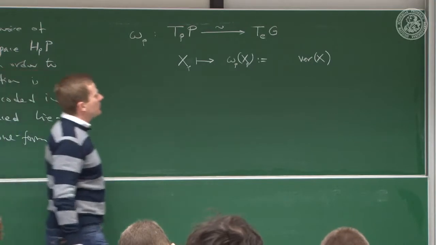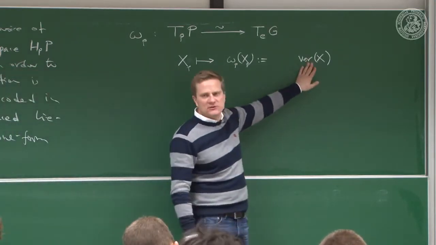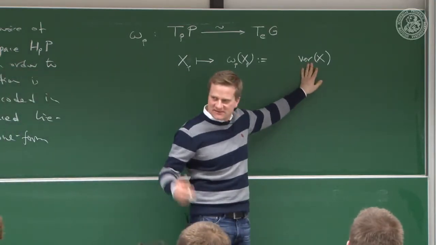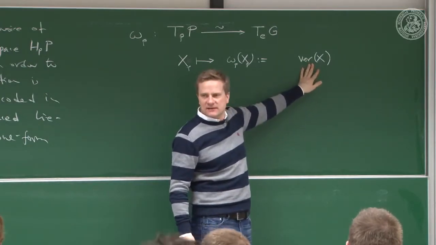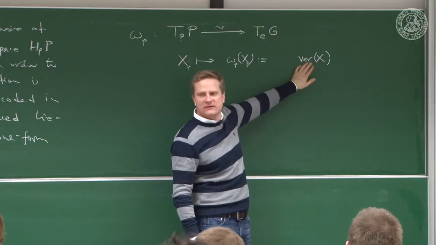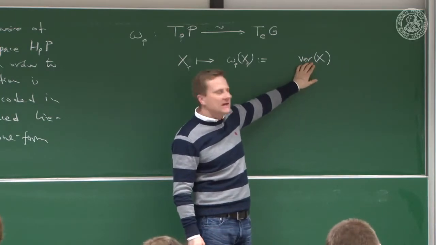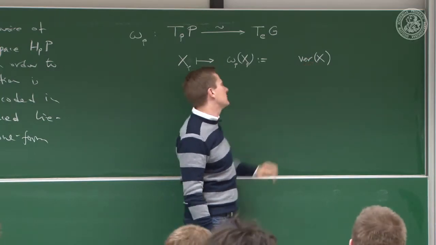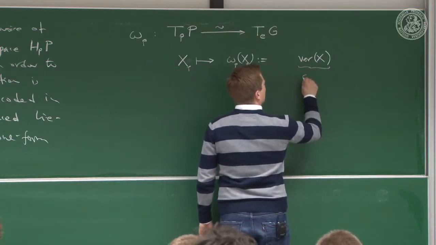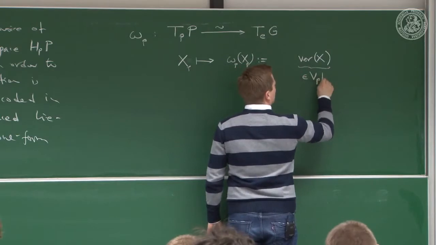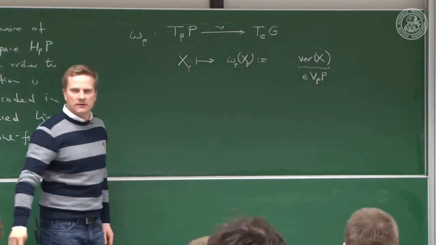At this point we might think this has nothing to do with the choice of horizontal subspace, but of course it does. That's the content of the caveat I gave. So in this vertical of x is already information about the horizontal subspace, but this will then be an element of the vertical subspace.